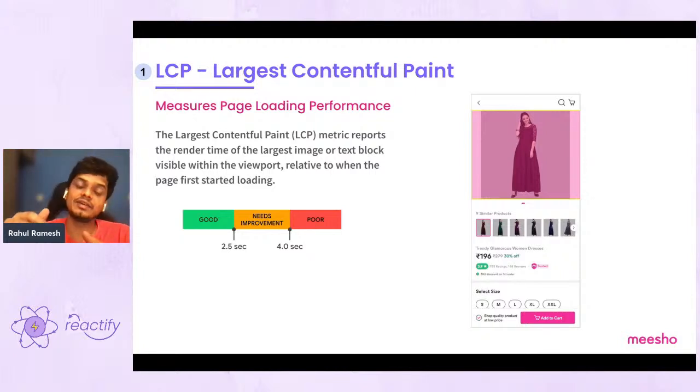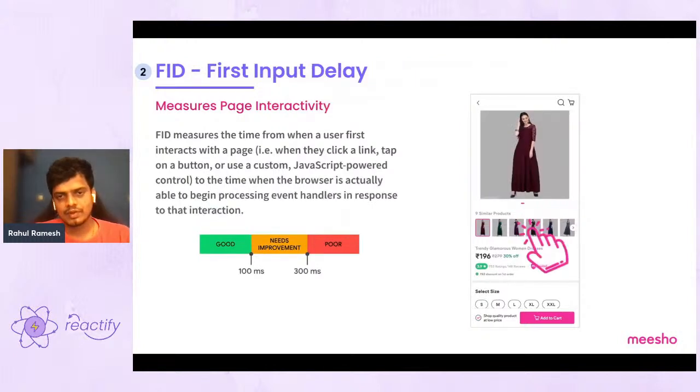If it takes more than 4 seconds, it goes to the poor category. If it takes less than 2.5 seconds, then your page is doing quite well. As soon as users try to view your page, they have a quite good experience. So that's what LCP means here. With that, let's move to the next thing.